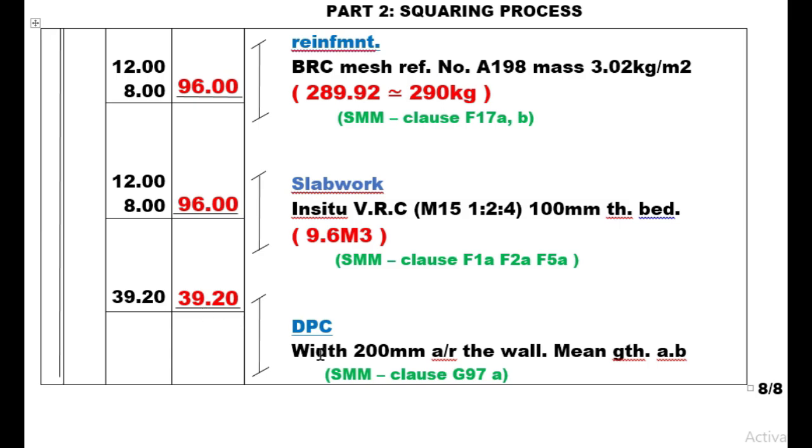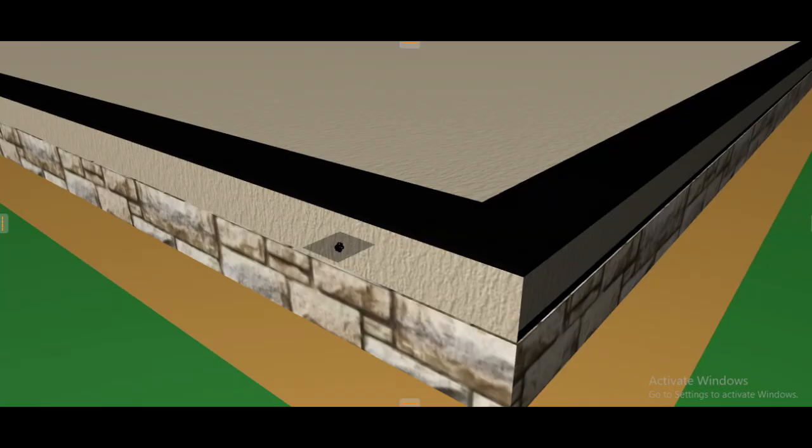So watch the following video clip explaining the DPC concept. And remember, we are on page 8 of 8, meaning we are marking the end of our squaring process. By giving me close range, this black strip you are seeing is the DPC I'm talking about, the damp-proof course, that is being laid over this slab work. It is being laid before the superstructure work commences from this.